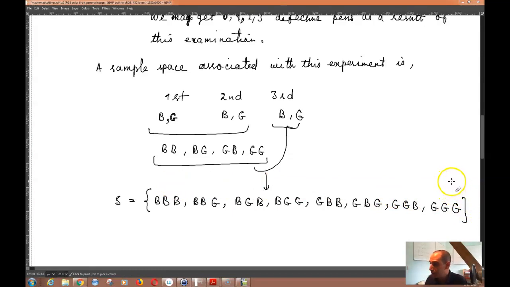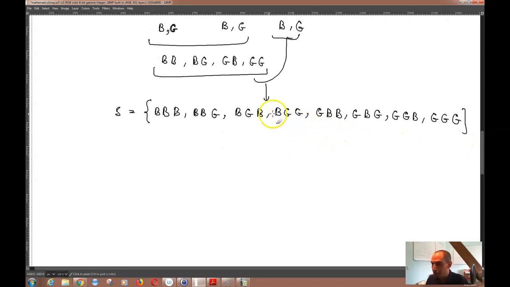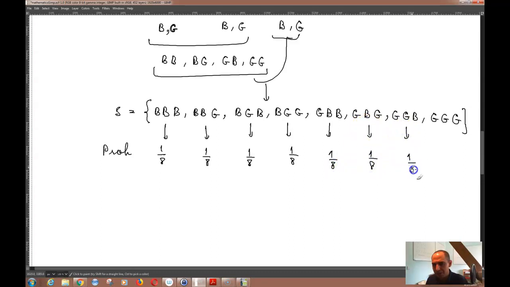Now the probability: they have assigned some probabilities to each of these outcomes. The probability of each of these outcomes has been given as 1/8, and they are valid in the framework of axiomatic probability.